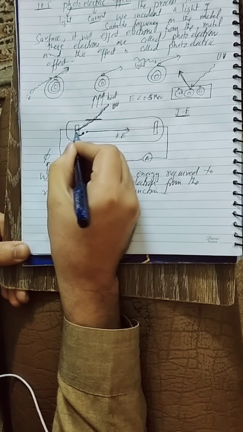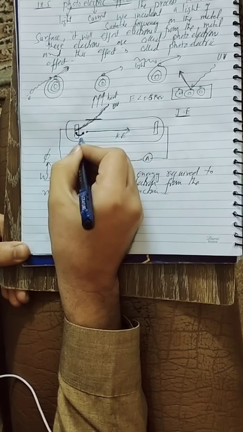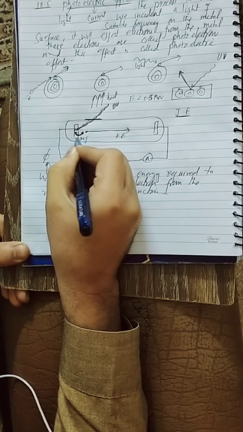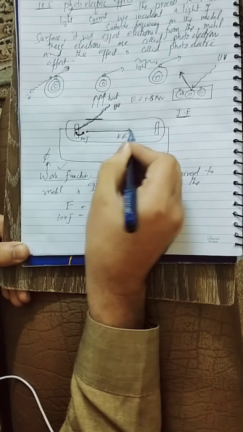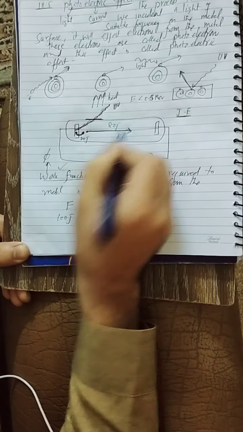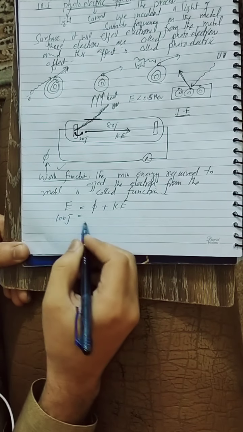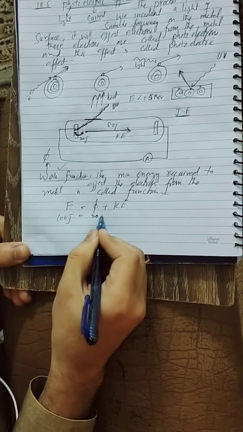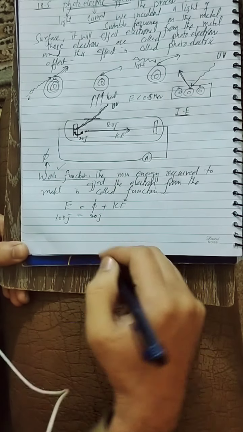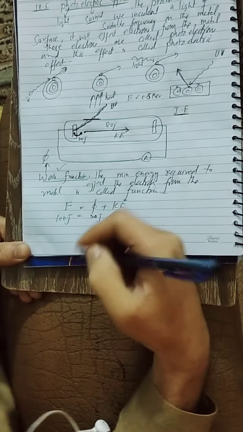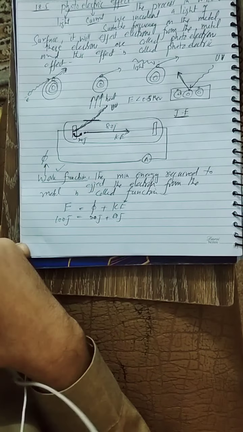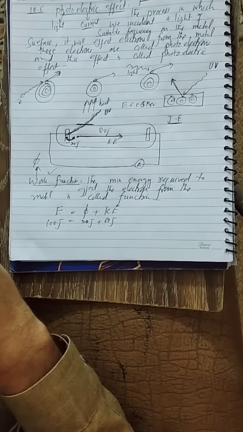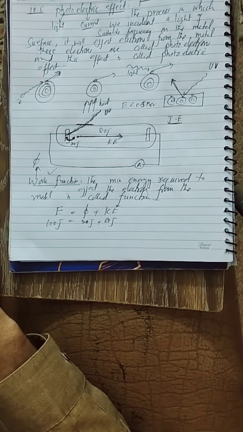Suppose by 20 joule the electron comes out, so 20 joule is utilized in the ejection of the electron, and the remaining 80 joule will be used as kinetic energy. The first part is called the work function, and the remaining 80 joule is the kinetic energy. This equation was presented by Einstein.